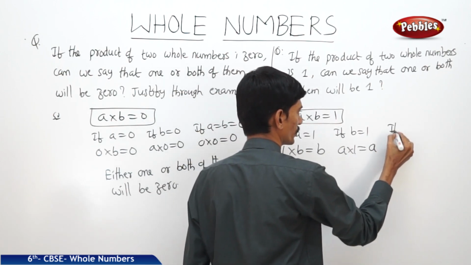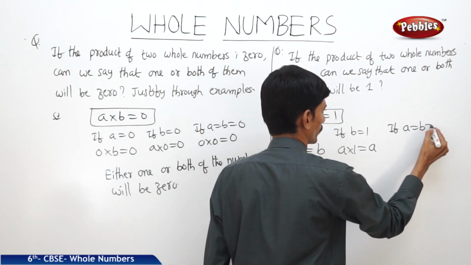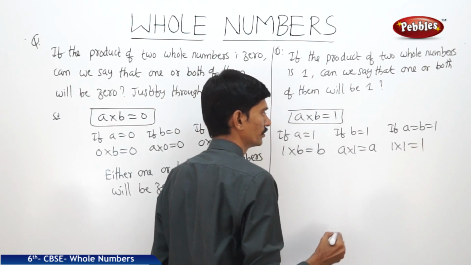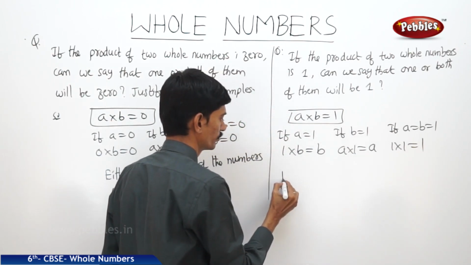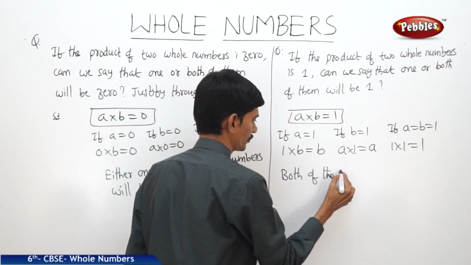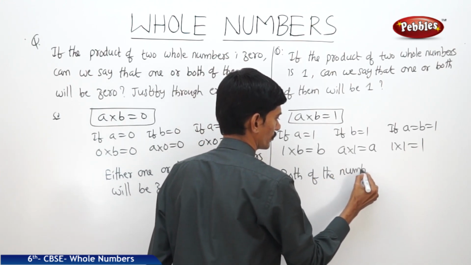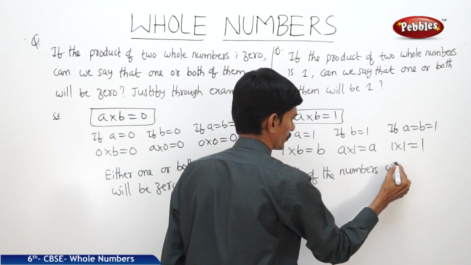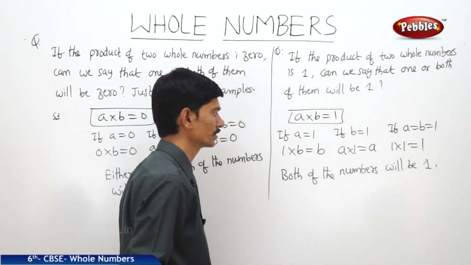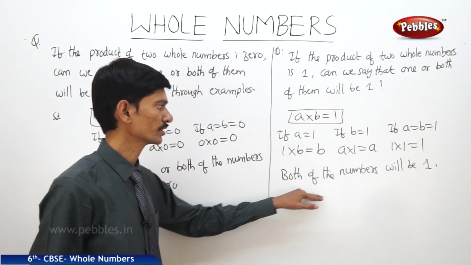If both a and b equal 1, then 1 into 1 equals 1. So if the product of the two whole numbers is 1, then both of the numbers will be 1.